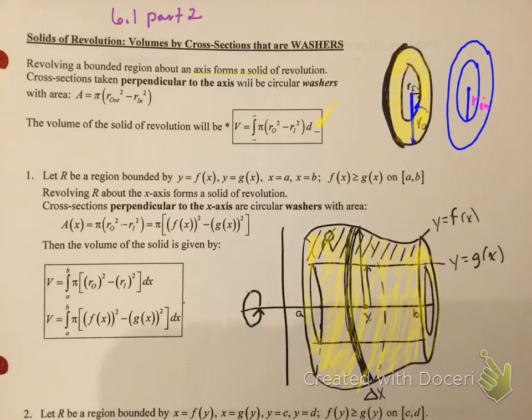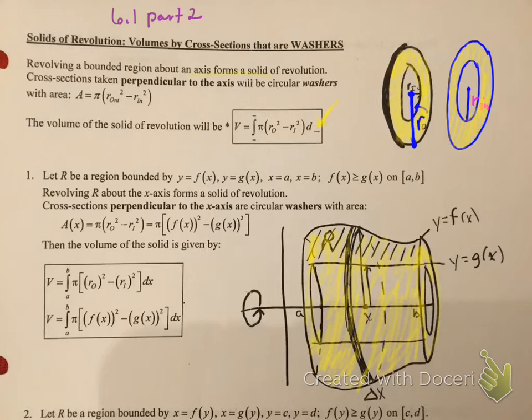And before I continue on, I just want to show you what is the difference between R inside and R outside. So I drew a picture over here of a washer. The one on the right, the radius stems from the center clear out to the very edge of the washer.